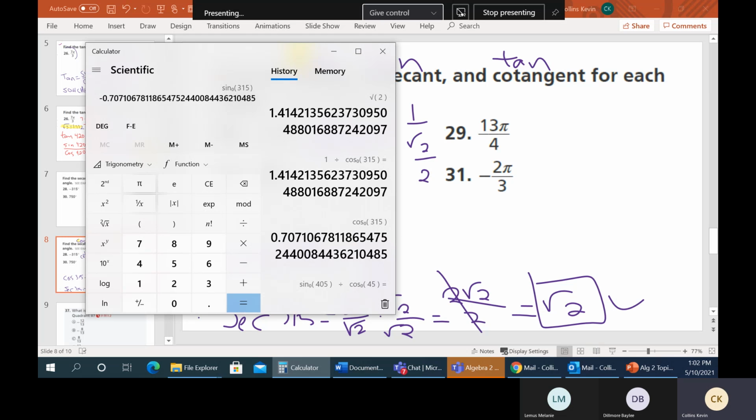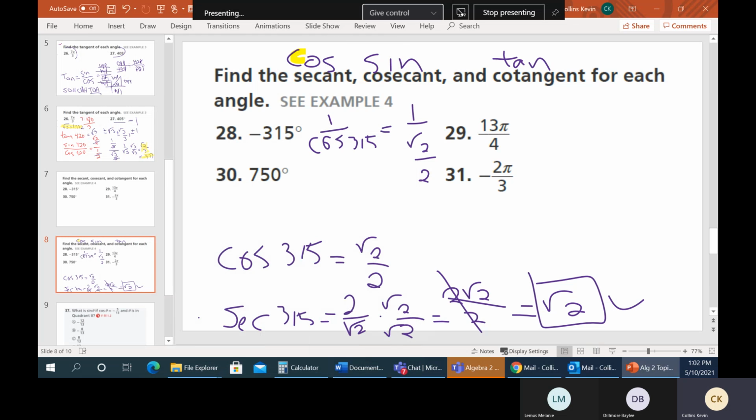So the only difference here is if we do 1 over that, I can do that by raising to the minus 1 power. So I get minus 1.414, which is minus the square root of 2. So secant of 315 is the square root of 2, and cosecant of 315 is negative square root of 2.